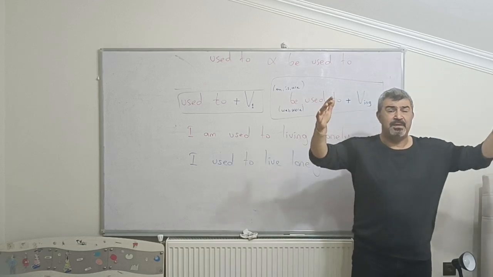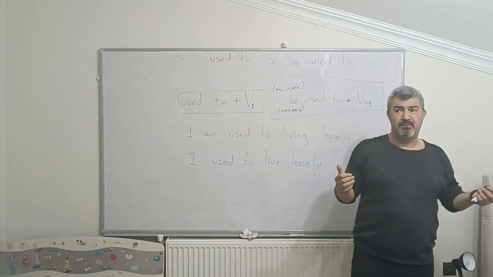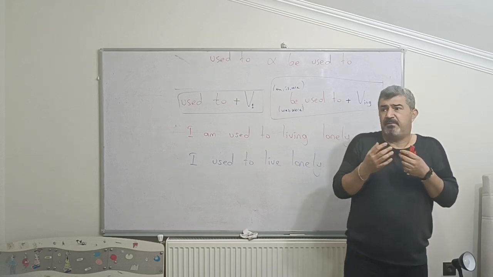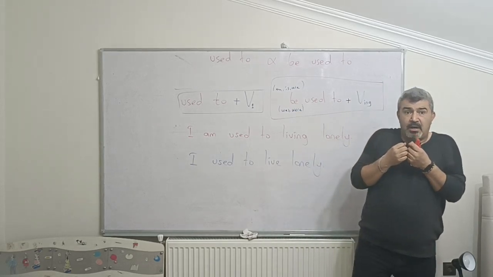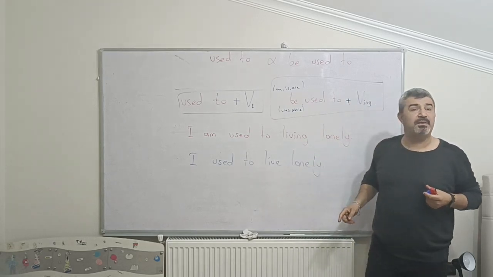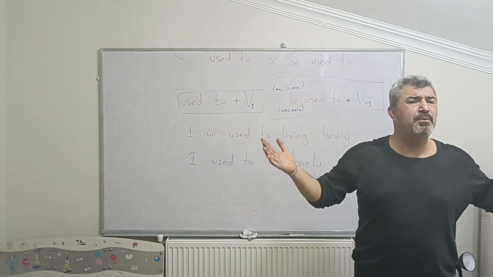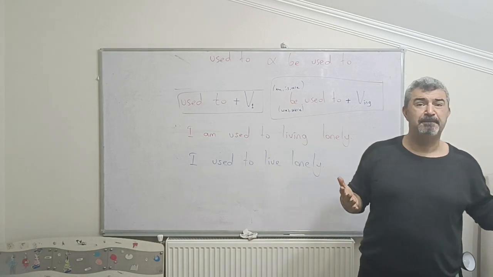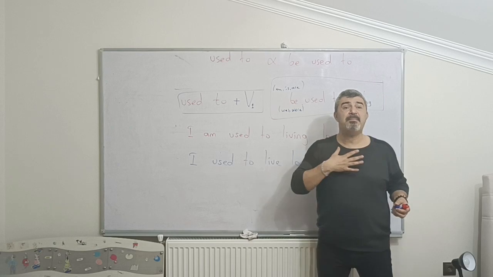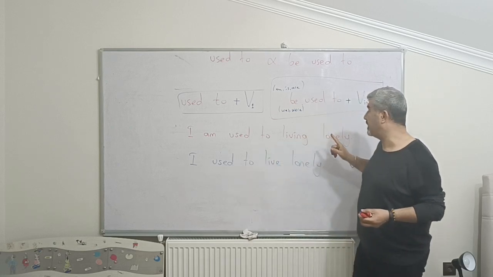For example, you live in a big house and when it gets dark, you feel horrible, terrified. So, are you afraid of living lonely? I said, no, I am used to living lonely. It means I am accustomed to it.